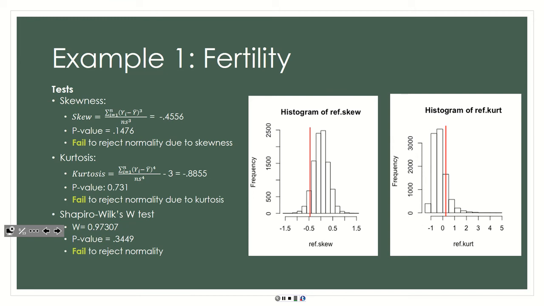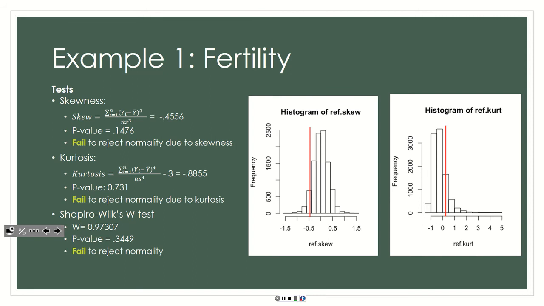Then, like we did in the permutation test, I ran that 1,000 times to get a histogram, graphed it, plotted where the skewness we observed is, and calculated a p-value of skewnesses that were more extreme than what we experienced. I got a p-value of 0.15, which is greater than a significance level of 0.05, so I failed to reject normality due to skewness.